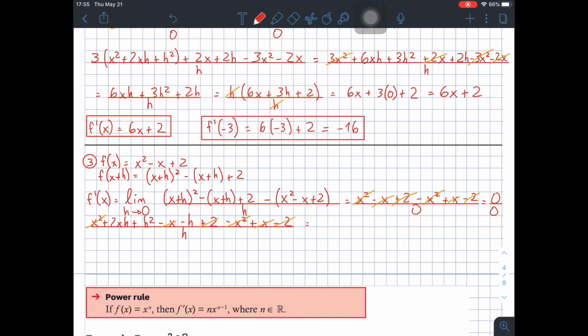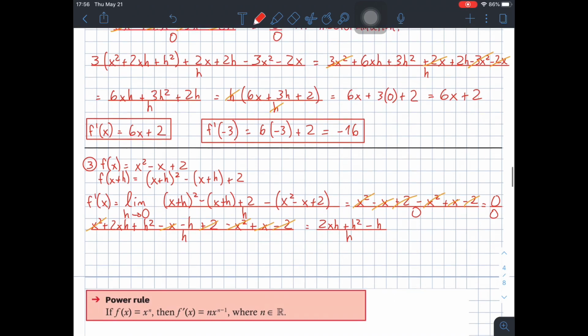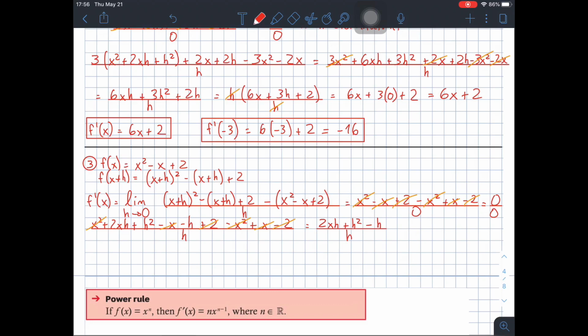So if we rewrite this, this would be equal to 2xh plus h squared minus h, divided by h. So once again, we can do a common factor of h, and this would be equal to h times (2x plus h minus 1), divided by h.